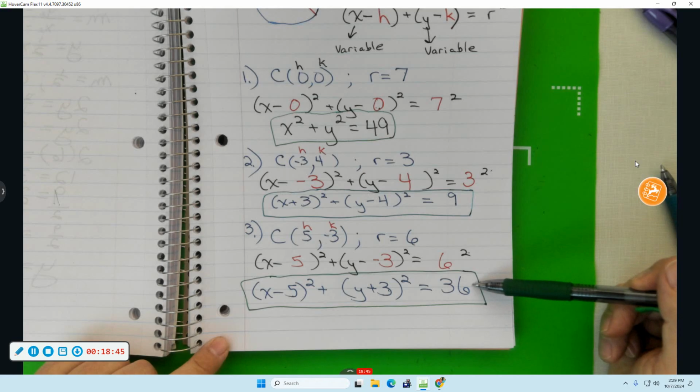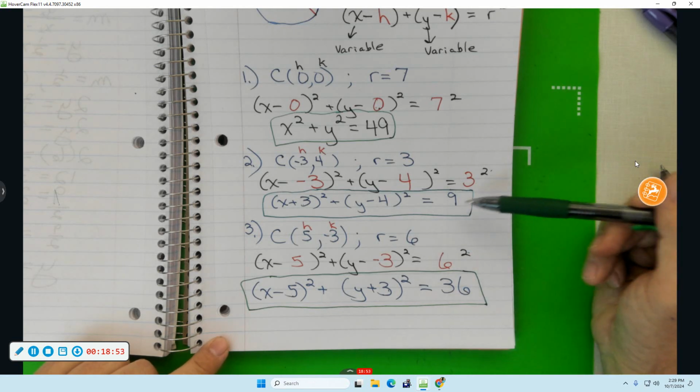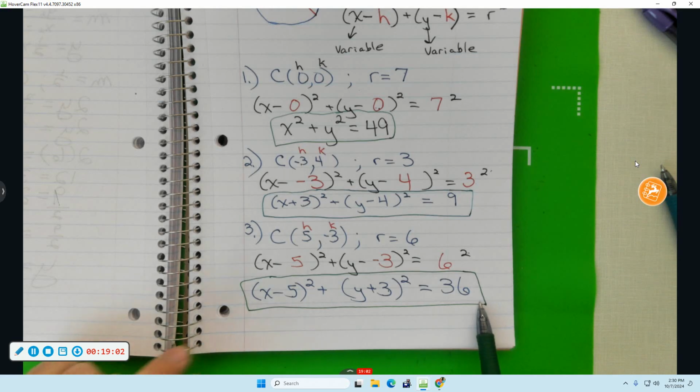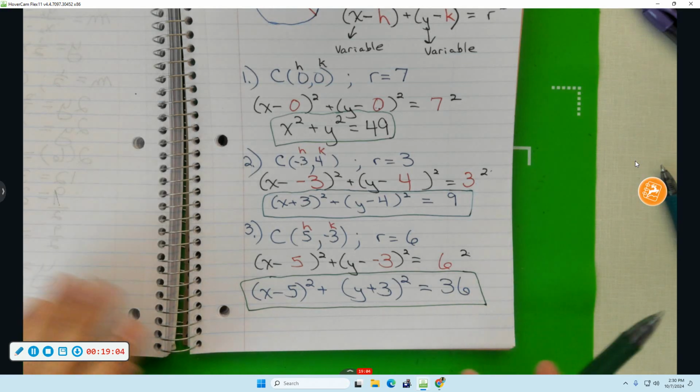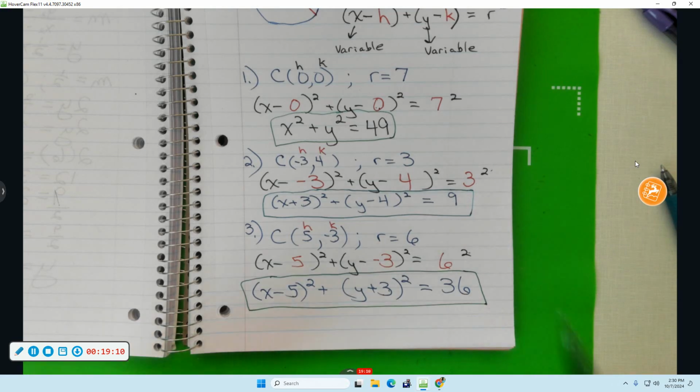So what are you going to have to do to the number on the right to undo that squaring effect? Take the square root of 36, which is 6. Take the square root of 9, which is 3. So when they start giving us the center radius form, and you're ready to go backwards to the center and radius, change sign, take the square root.